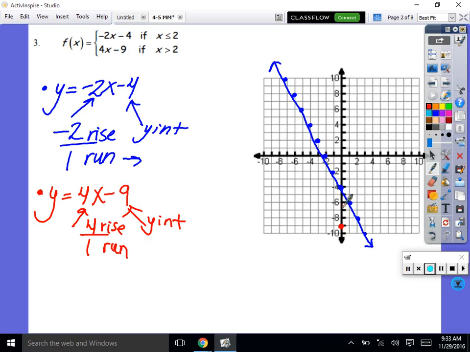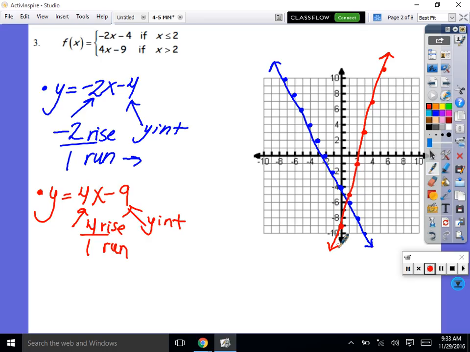So up 1, 2, 3, 4 over 1. Okay, drawing this in the best that I can. It's hard to make lines perfectly straight when drawing them by hand. So I've drawn in my 2 lines. I've done the hardest part.